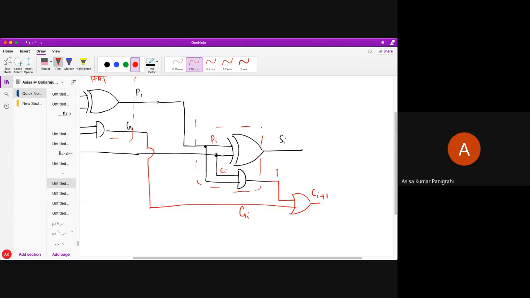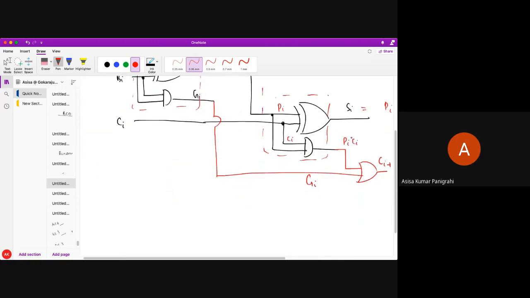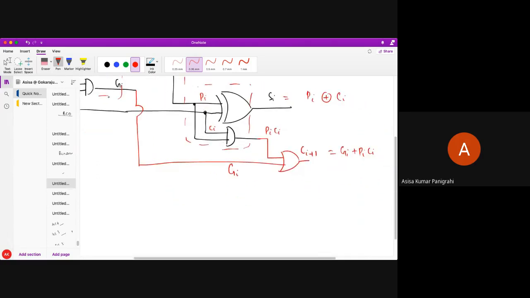So this is my PiCi. So can I say that Ci+1 is Gi plus PiCi? Yes. And what is Si? Si is nothing else, Pi XOR Ci. Do you all understand? So what have you got from here? From the full adder, I have got two things.